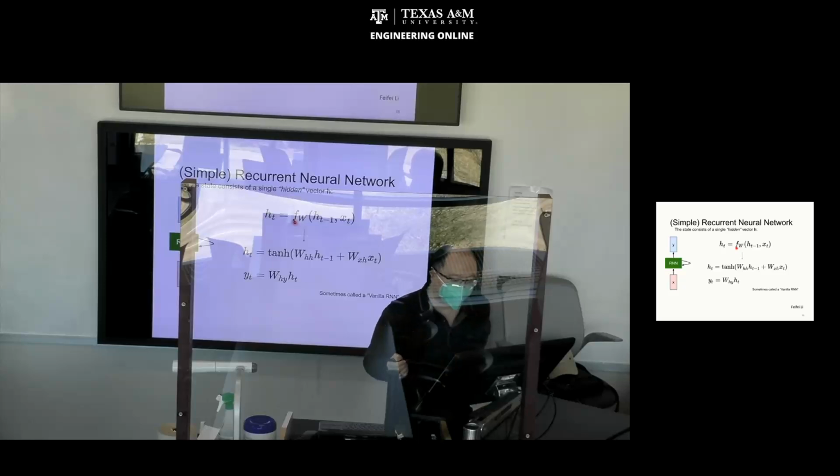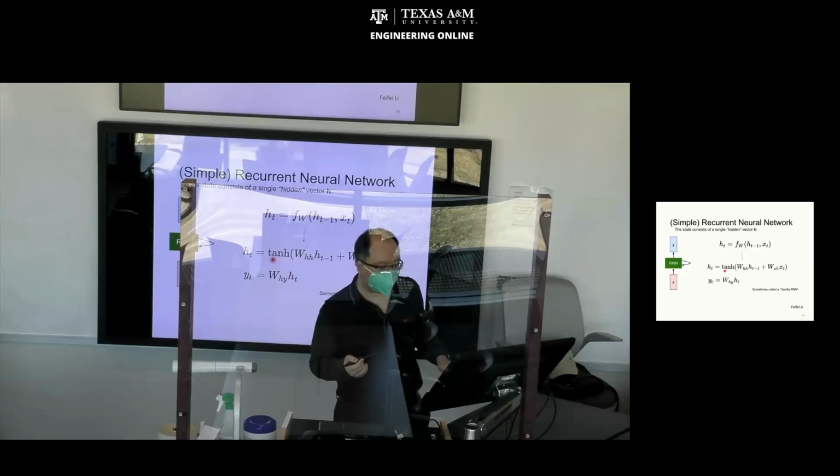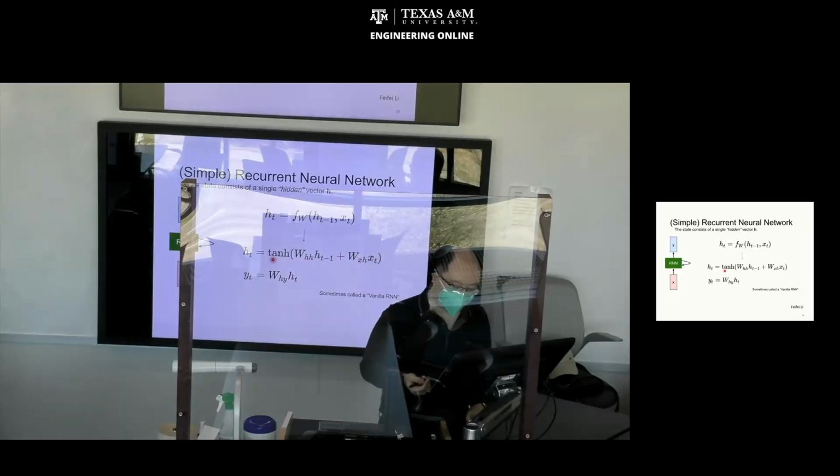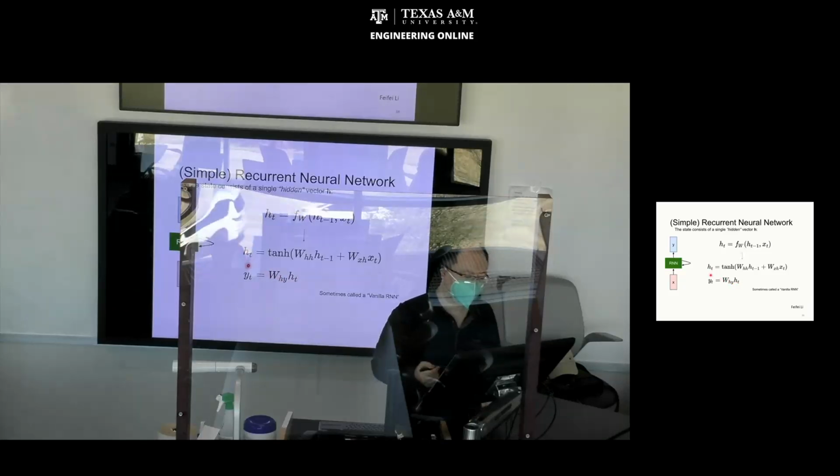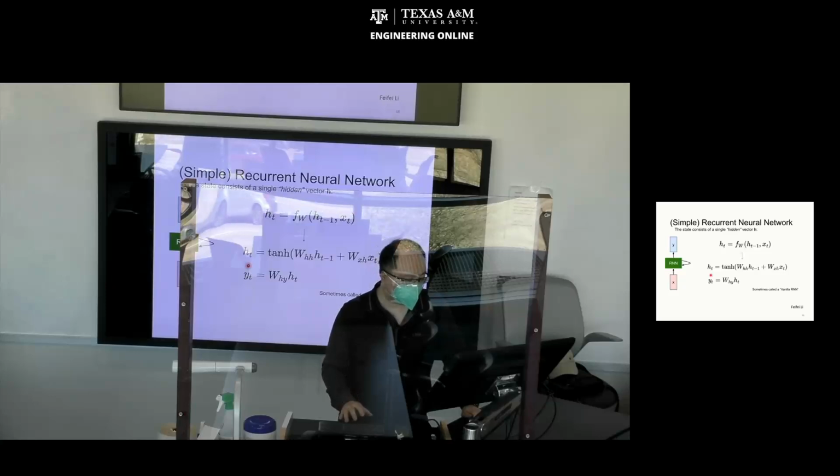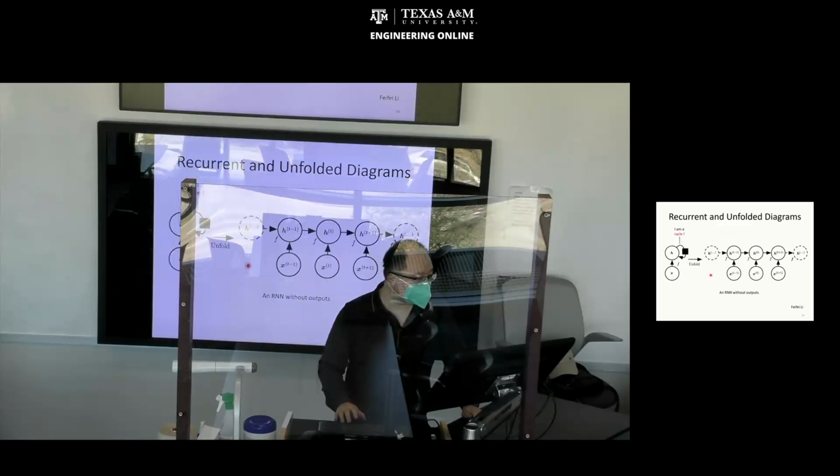One example is a weighted sum and then hyperbolic tangent. This is sometimes called a vanilla RNN, and y is simply a linear readout of h sub t, where h is for the hidden vector. This is a very vanilla idea.